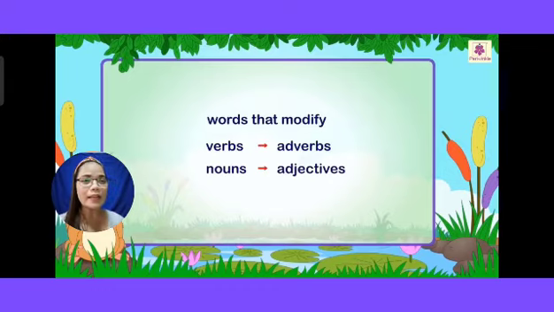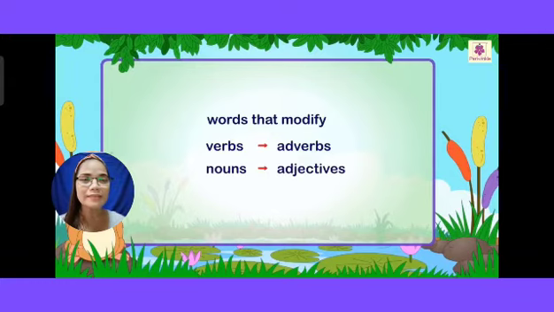Okay? Example, nouns, ang imo-modify ko. The girl is beautiful. Siyempre, ang girl is a noun. At dinescribe ko siya bilang beautiful. Ibig sabihin, that is an adjective. So, in other words, kapag naman, ang example, the birds fly high. Okay?